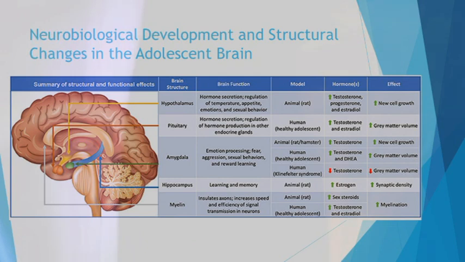What the prefrontal cortex is responsible for is things like impulse control. So in early adolescence, there's going to be some struggle with impulse control. There's decision making, so there's going to be trouble with decision making, planning, and goal-oriented behavior. All of these things take some time to develop. And as the prefrontal cortex matures, adolescents demonstrate improvement in cognitive abilities, things like abstract reasoning, planning, and perspective taking.